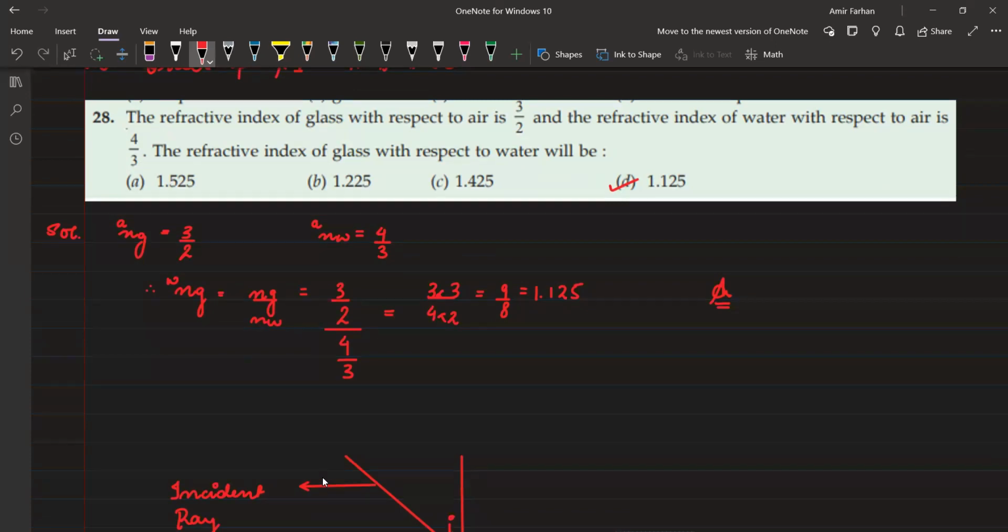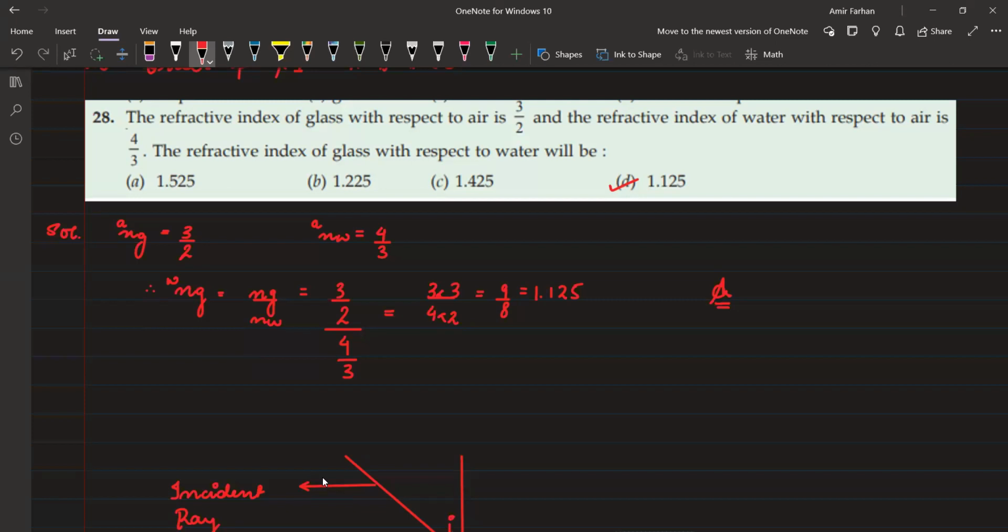I just wanted to cover the theoretical part as early as possible so that we can easily focus on the numerical portion. Only one major topic is left in the theoretical portion, which is image formation by lenses. That is the next topic we will cover.